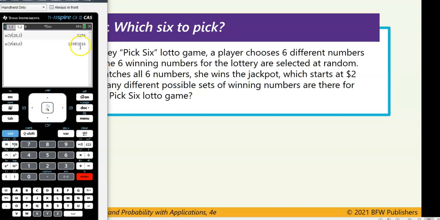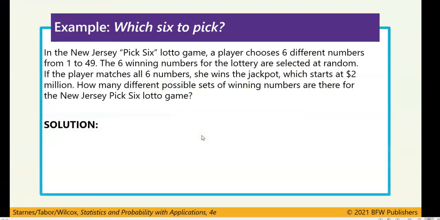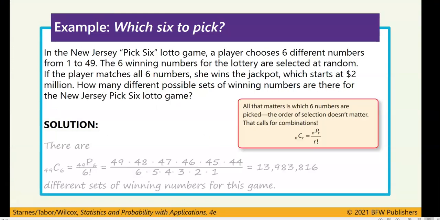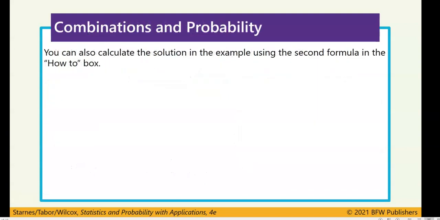There should be, oh my goodness. 13,983,000 different ways of winning the lotto. So that's the number of different sets of numbers for this game. So that's the chance you have of winning. You pay $2 for a ticket, you have a 1 in 13 million shot of that.